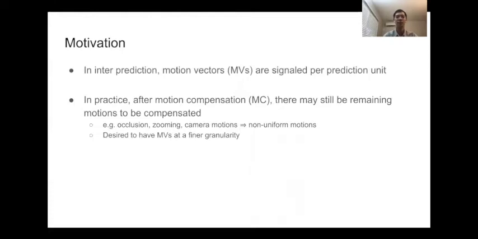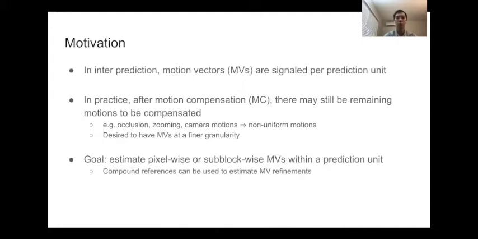For example, there may be occlusion within a prediction unit, or we may have some camera zooming or camera motions that are not translational or not uniform. So in these cases, it is desirable to have motion vectors at a finer granularity to be able to compensate those non-uniform motions.